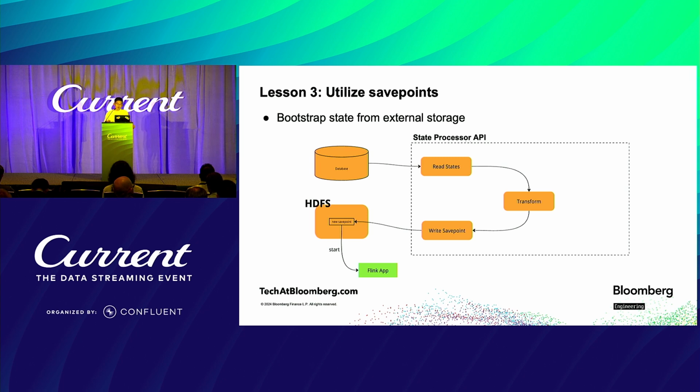Once everything is stored in our Flink state, we can write this savepoint back to HDFS. So we will end up with a generated savepoint on our HDFS cluster. From there, we can start our new Flink application from this generated savepoint, so that this application is going to pick up all the state that we pre-populated in our savepoints.